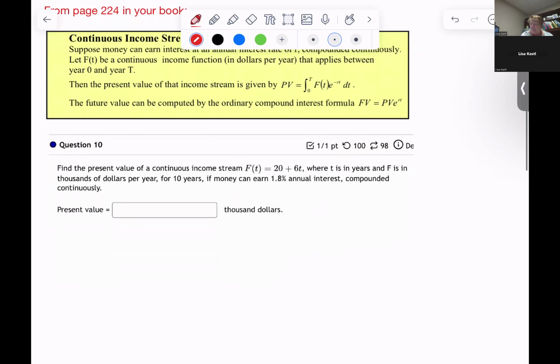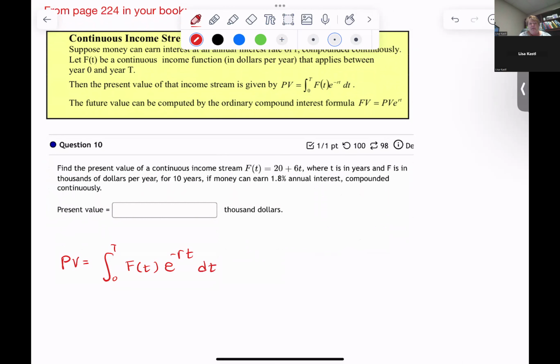So the formula from your book, the present value is the integral from 0 to T of f of t e to the minus rt dt.